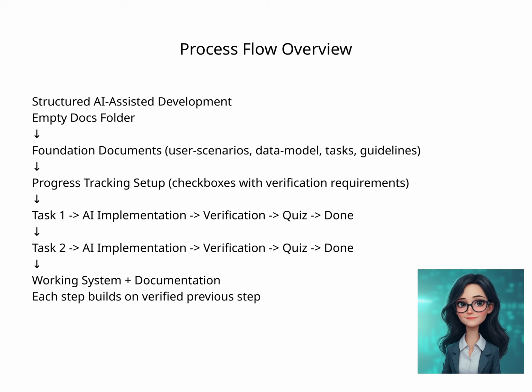Take task 1, use AI implementation with full context, verify the results thoroughly, answer quiz questions to ensure understanding, and only then check the progress box. You repeat this for task 2, task 3, and so on, with each step building on verified previous steps. The result is a working system plus comprehensive documentation that enables future maintenance and expansion. Each step is verifiable and repeatable, not random.